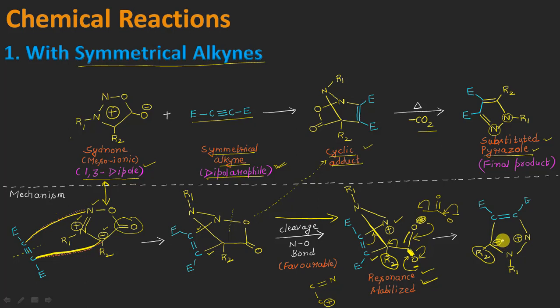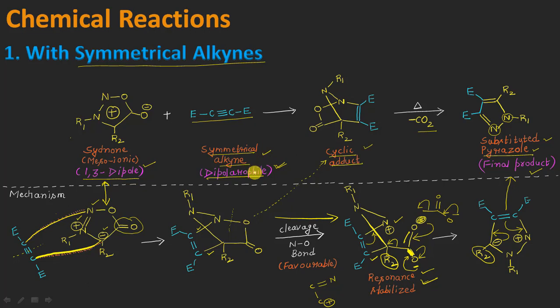So in order to disperse these charges, some sort of tautomerization will take place here, meaning these electrons will shift here, sending these electrons onto this side, finally giving this type of substituted pyrazole molecule as the final product, right?